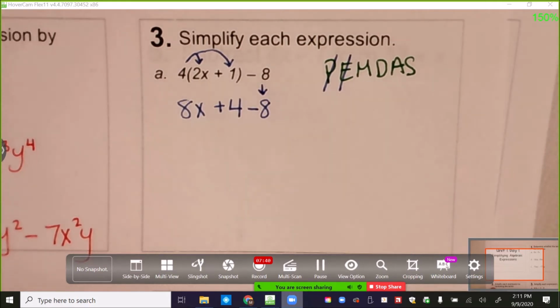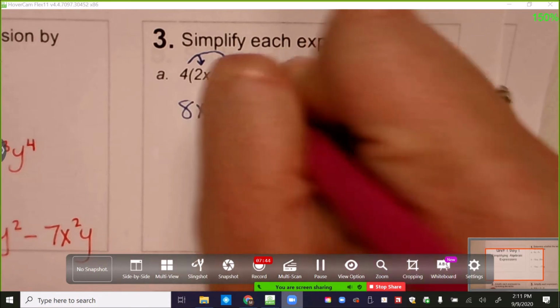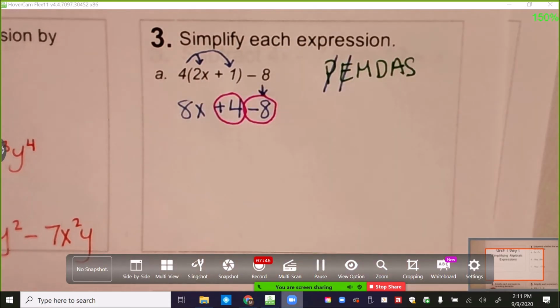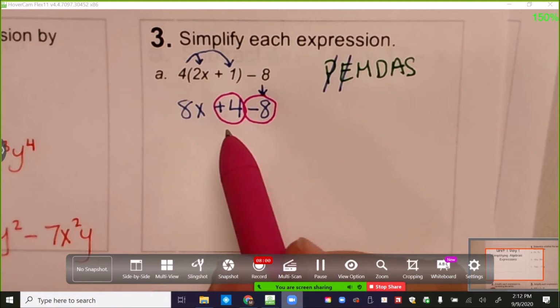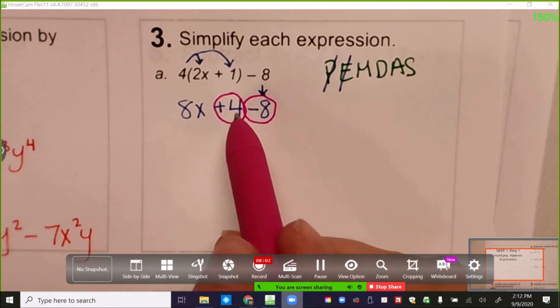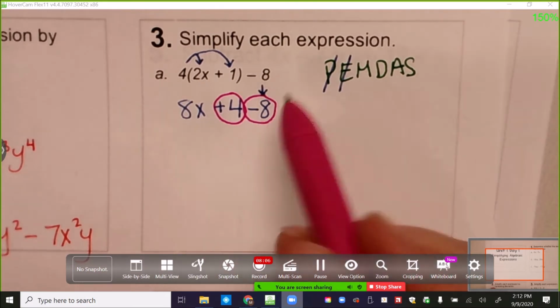What are my like terms? Positive 4 and negative 8. So if you notice when I circle like terms, I will always include the symbol in front. Why do you think that's important? It's just telling you if you're adding or subtracting. When it comes to like terms, you want to do positive 4 minus 8. Okay? So what is 4 minus 8?